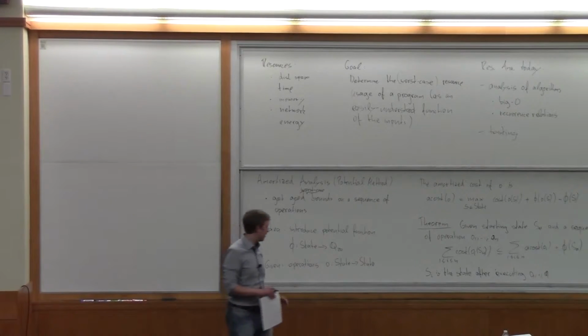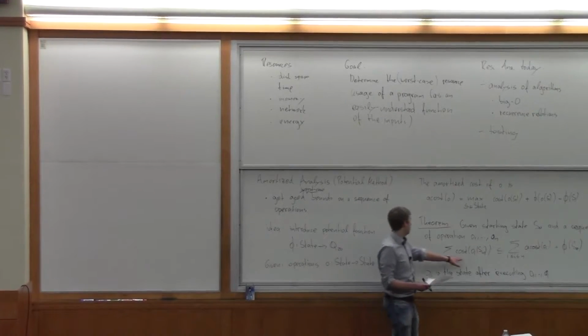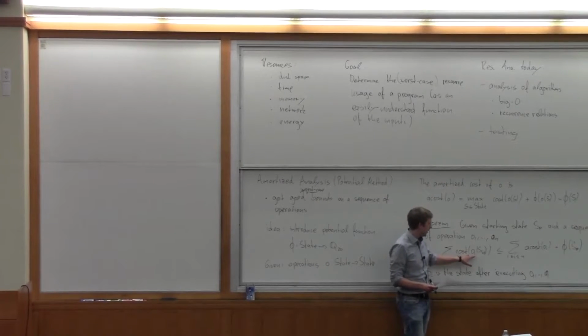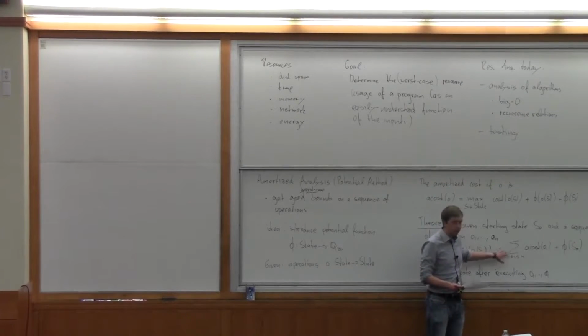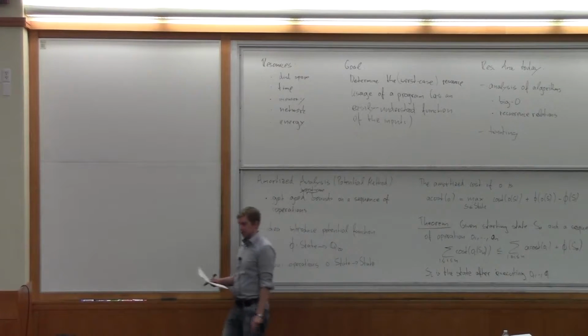Or the cost here doesn't have to be the worst case. It can also be the exact cost, but still, what you get is an upper bound in the end on it.